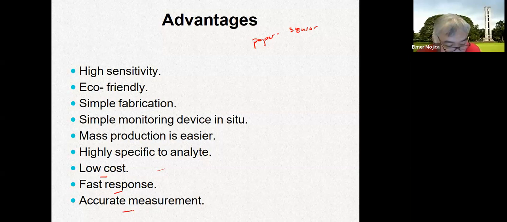I remember my goal, pwede ba natin sabihin, nasirang pangarap ko, is when I go back there, to produce a paper sensor for all those compounds of interest. Because we're already close to this, what we call the shabu sensor.